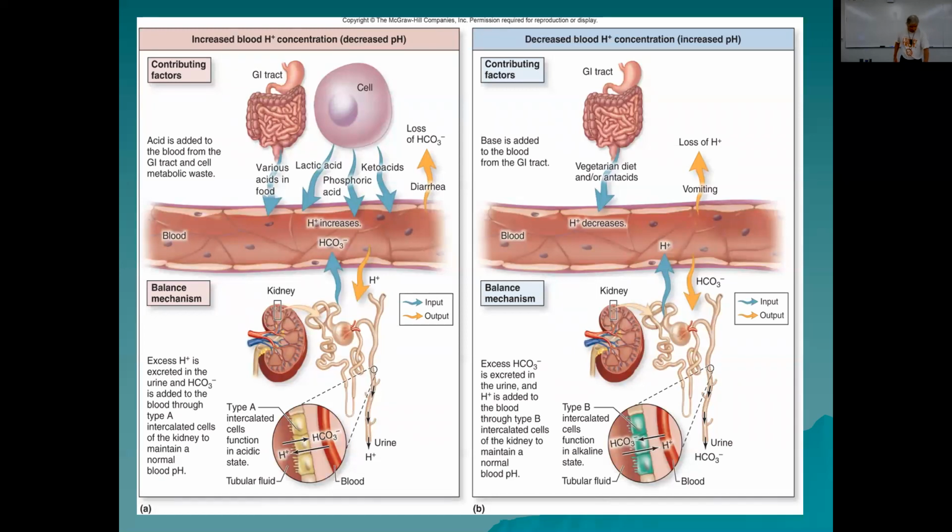If you have decreased blood hydrogen ion concentration, increased pH, you can get that from a vegetarian diet or from loss of hydrogen ion by vomiting. Then they'll stimulate type B cells, which will secrete bicarbonate and absorb hydrogen ion.